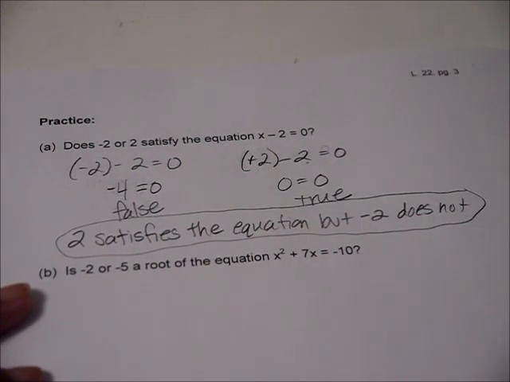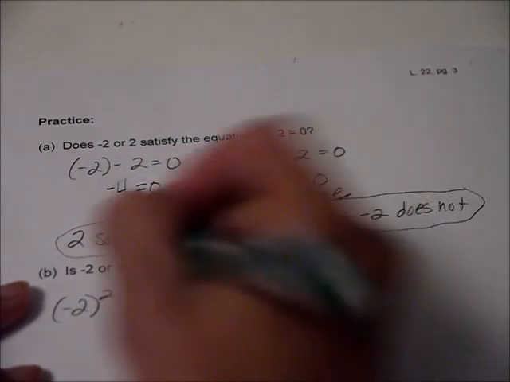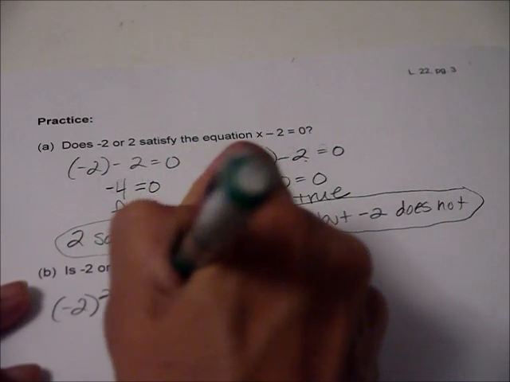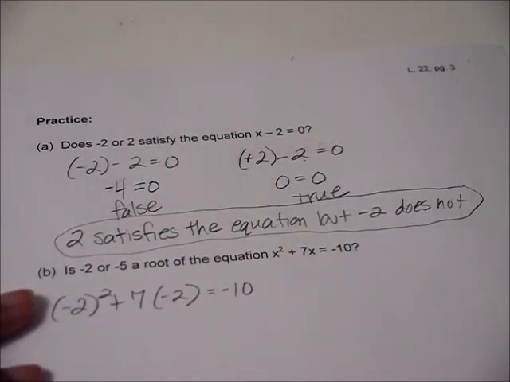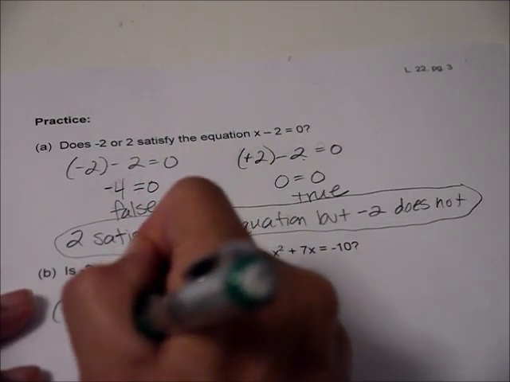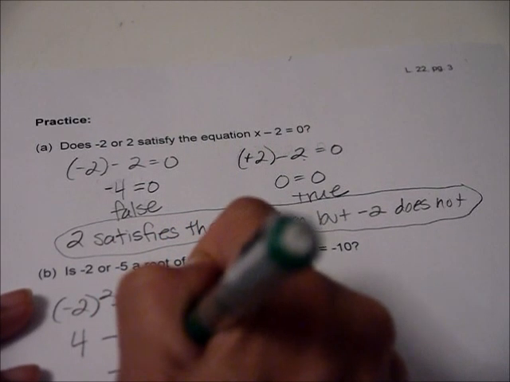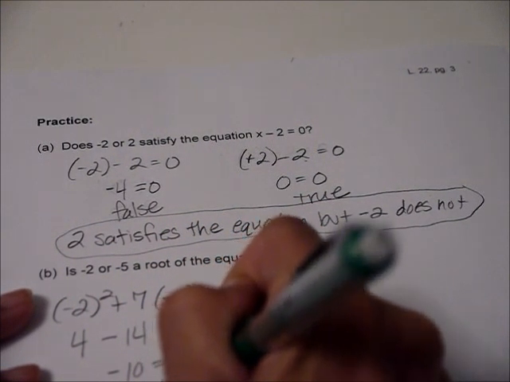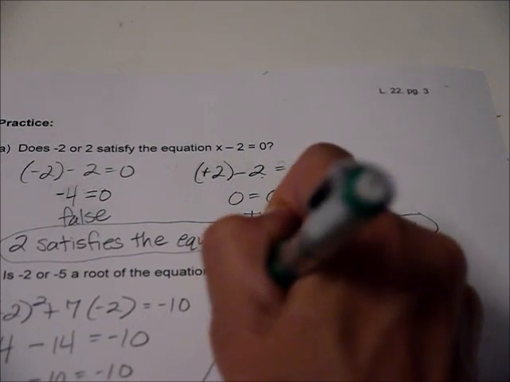All right, is -2 or -5 a root to that equation? And so obviously I'm trying -2 first. And that is true. And then let me try it with -5.